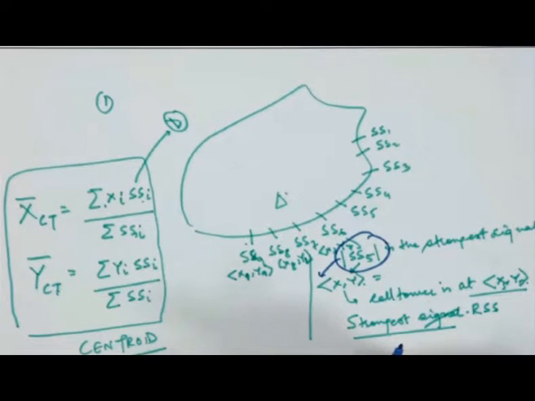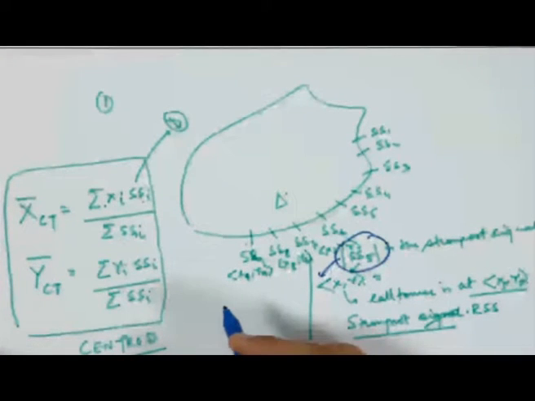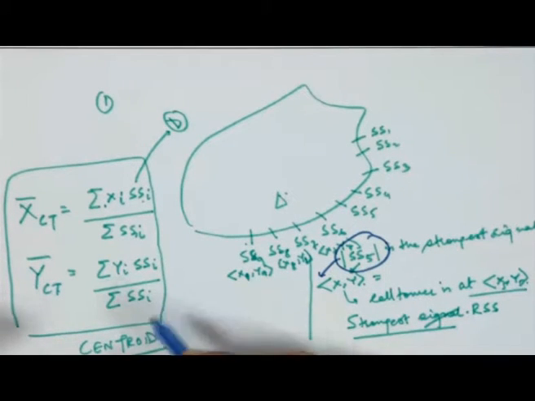While in weighted centroid, we are doing a much more sophisticated job. But even so, weighted centroid is not performing as well as strongest RSS. So why is this happening, especially in the rural situation?